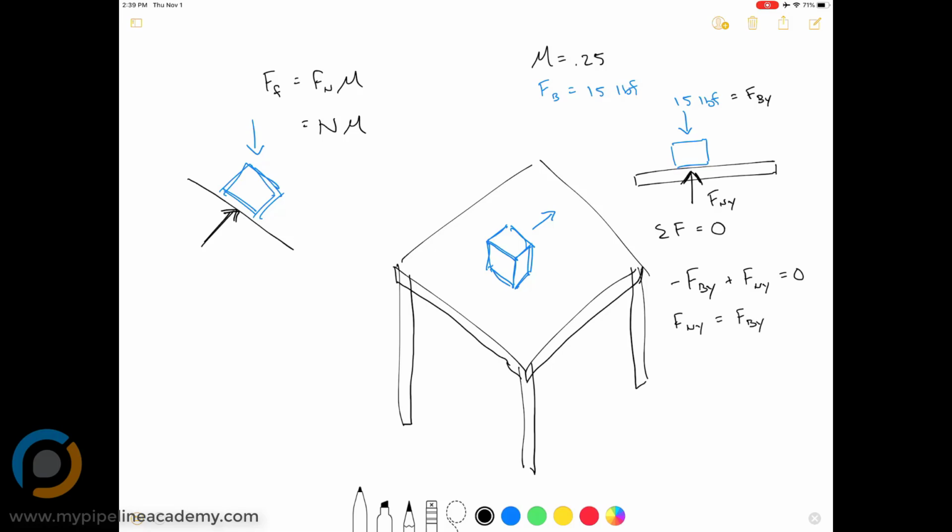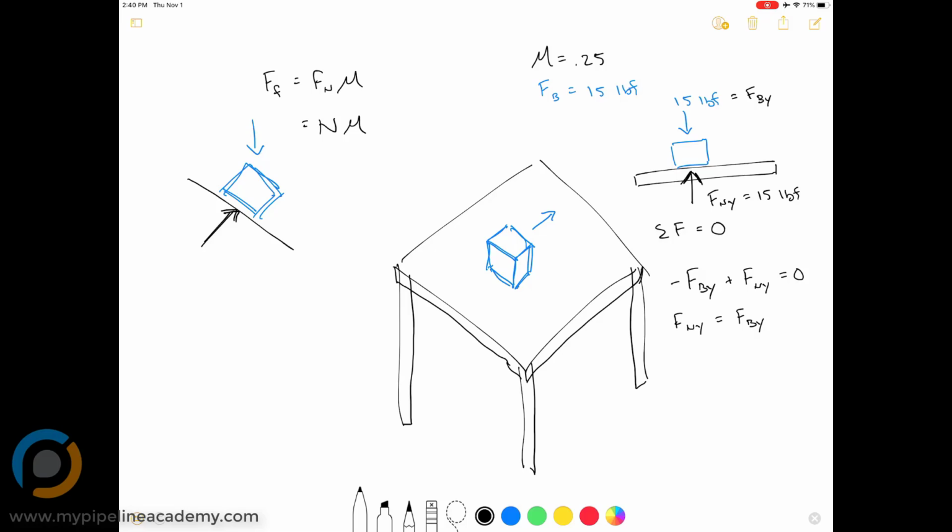So sure enough, they are the same. We know that FBY is 15, so FNY must also be 15. Or if you wanted to look at it as FBY is negative 15, FNY would be positive 15. So we'll say FNY equals 15 pounds force.